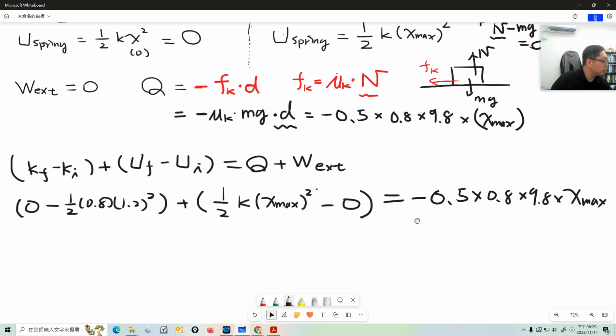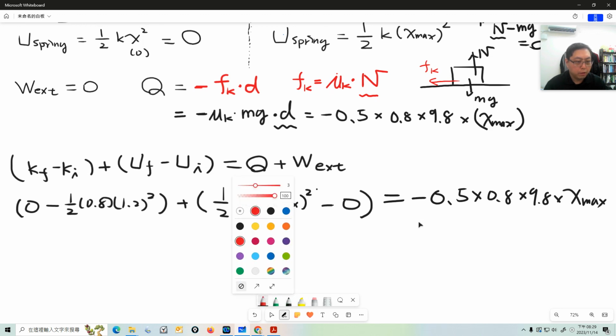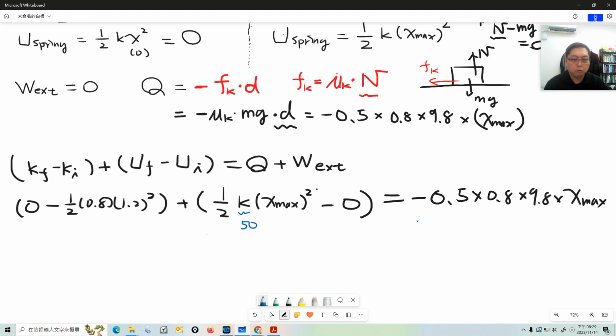Let's do a little algebra work. Because k is equal to 50, the final equation is 25 x max squared.